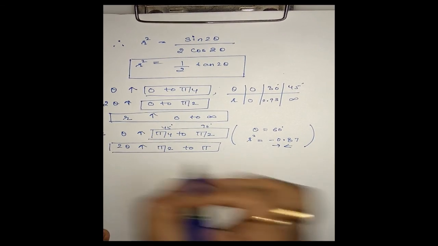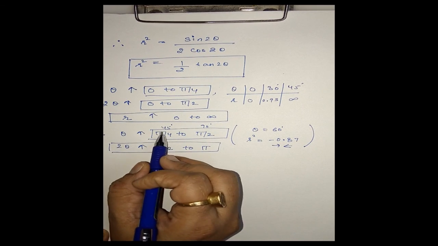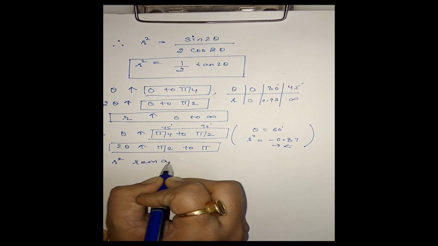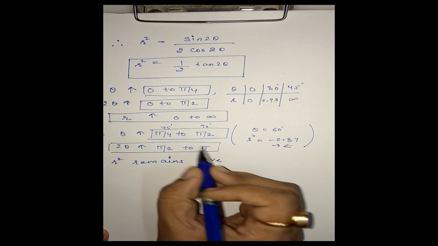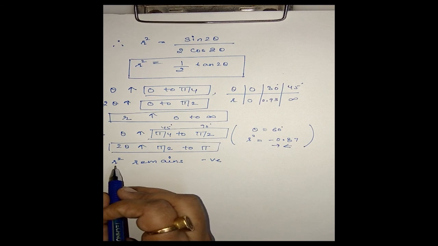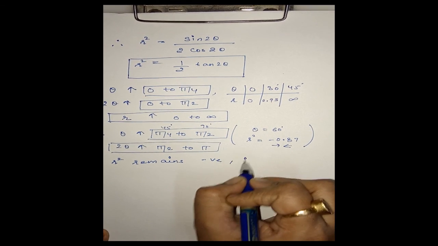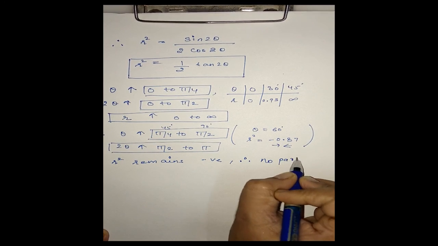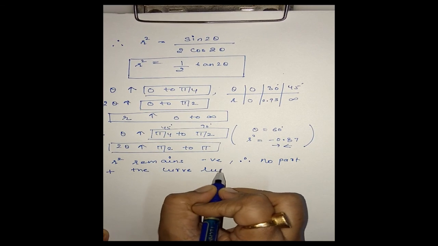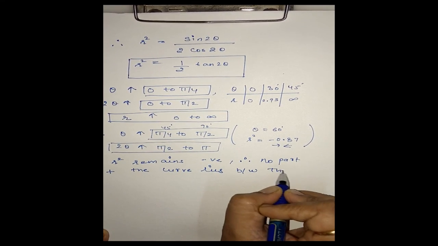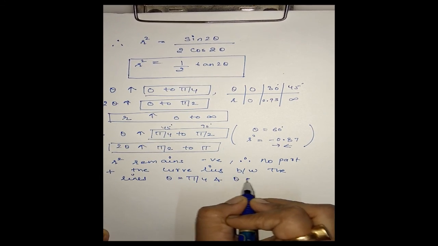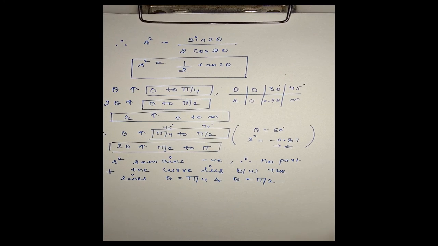Therefore, when θ goes from π/4 to π/2, r² remains negative. If I take any other value between 45 and 90 degrees, r² is negative. Therefore, no part of the curve lies between the lines θ = π/4 and θ = π/2.